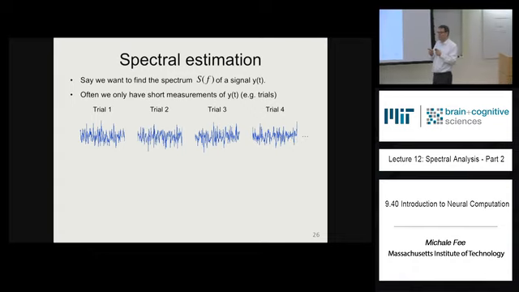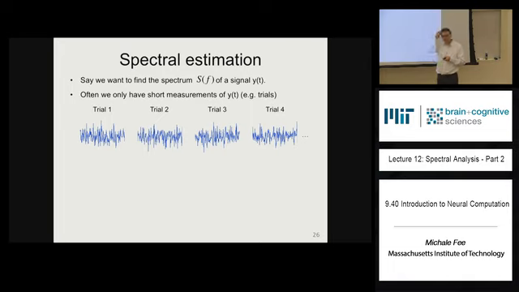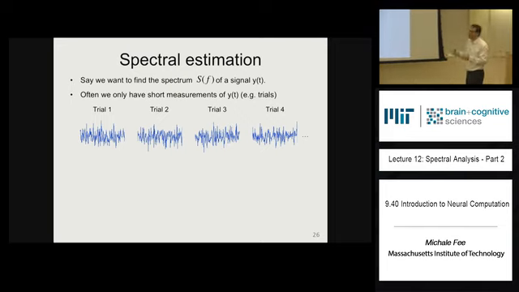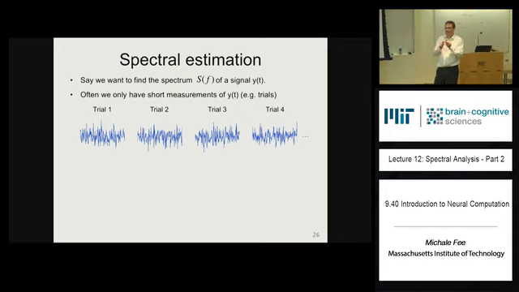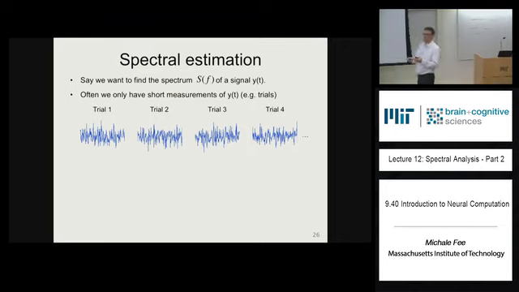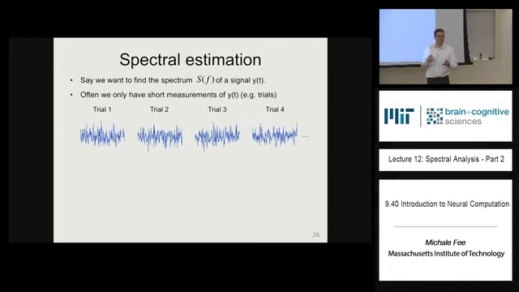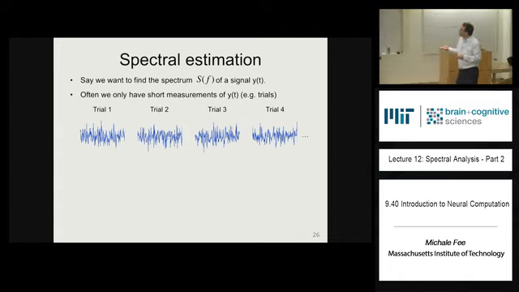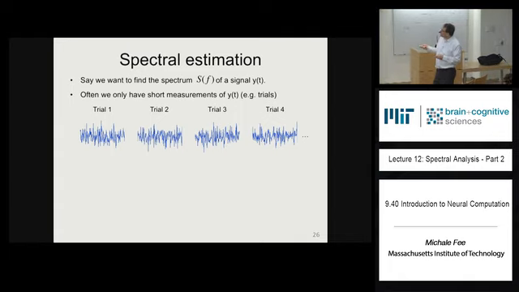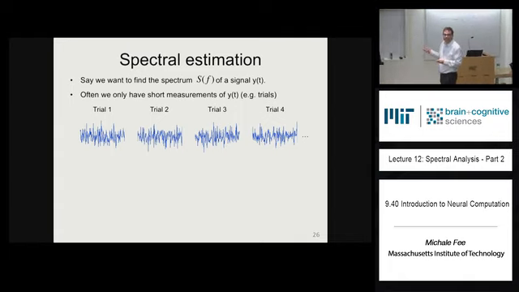So you have some signal, let's say, from the brain, like you record some local field potential or some ECG or something like that, and you want to find the spectrum of that. Let's say you're interested in measuring the theta rhythm or some alpha rhythm or some other periodic signal in the brain. What you could do is you could have a bunch of independent measurements of that signal.